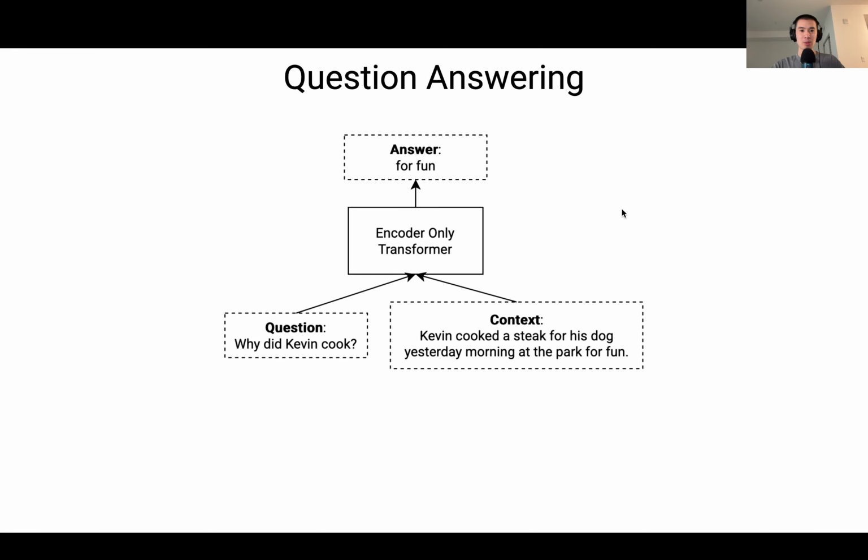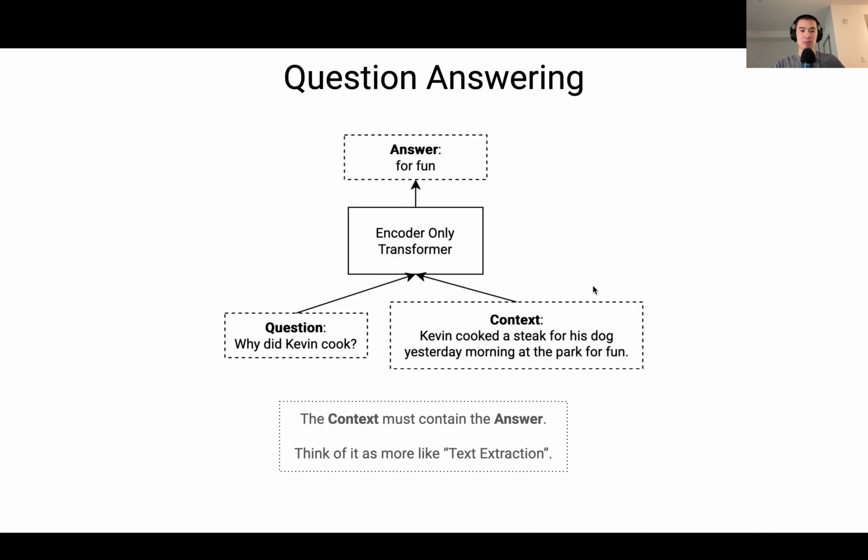Question answering I find the most cool out of all three. So maybe we have a context of "Kevin cooked the steak for his dog yesterday morning at the park for fun." So you ask a question: why did Kevin cook? The encoder-only transformer understands language, and the answer is "for fun," which is correct. Now, this might seem pretty magical, so to speak, but think of it this way.